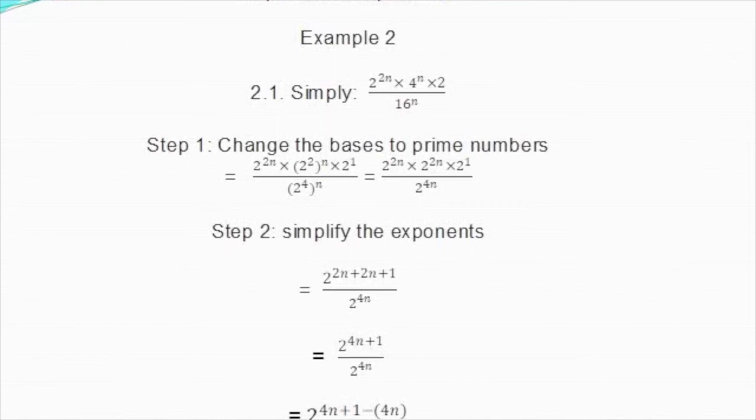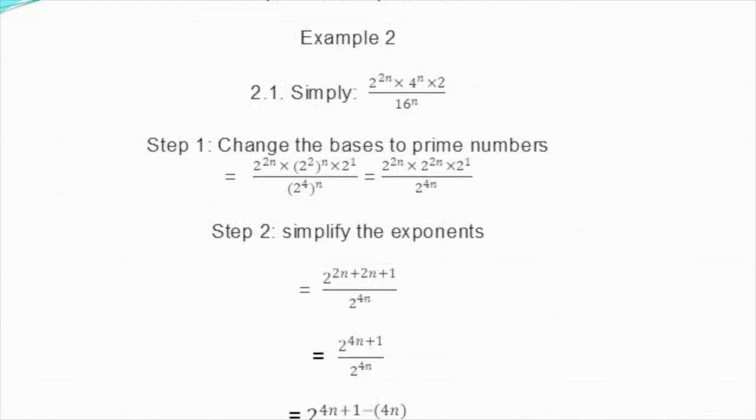And the denominator, we are going to have (2 to the power 4) in parentheses, exponent n. So now we need to apply the laws of exponent to solve where we have reached. So we are going to have 2 to the power 2n times 2 to the power 2n times 2 to the power 1 divided by 2 to the power 4n.